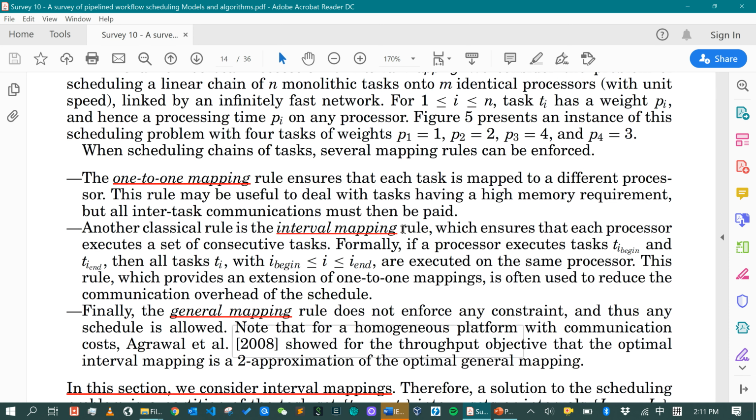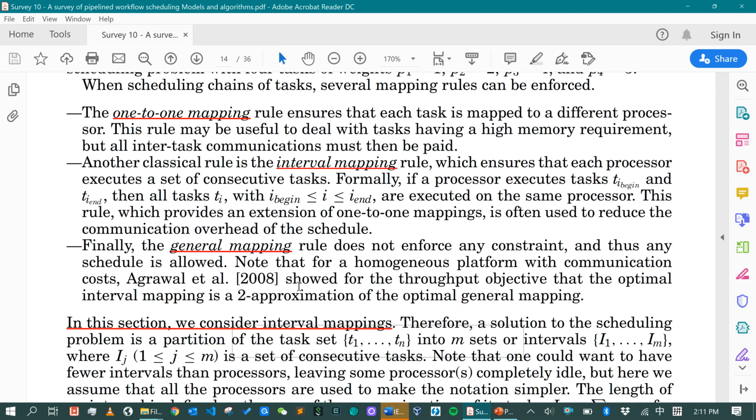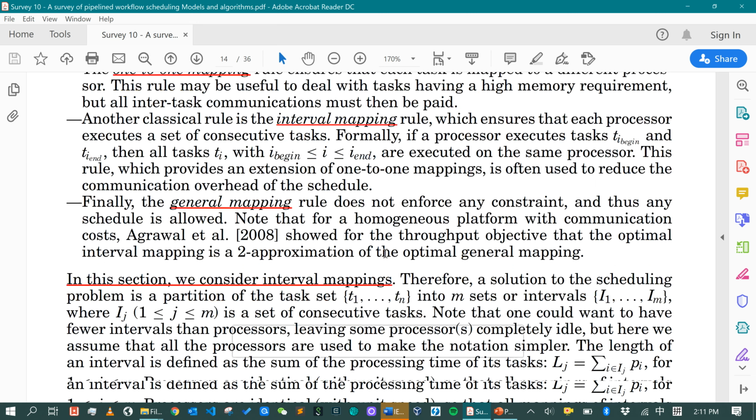They have three different types of mapping. One-to-one is one task on one machine. Interval mapping is the first task and the last task, a whole sub-workflow, executed on the same processor. And the general one has no constraints.